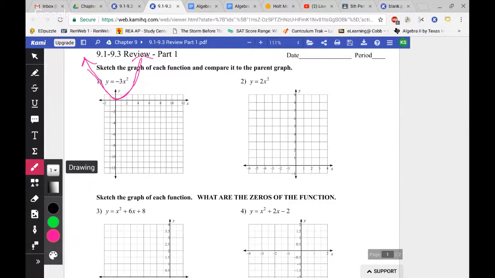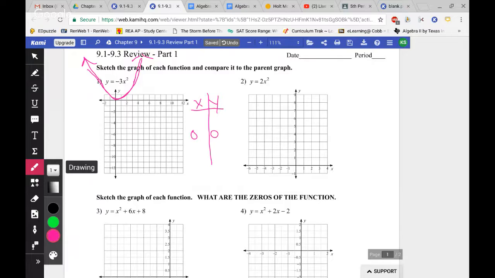This particular one, just to kind of give you an idea, this negative 3x squared would tell us it's going to be a frowny face because of the negative, and it's going to be a lot skinnier. I know 0, 0 is the vertex because it's not shifted anyway, because it's just one of those simple ones from 9.1, so there's no shift in the graph, either up or down.